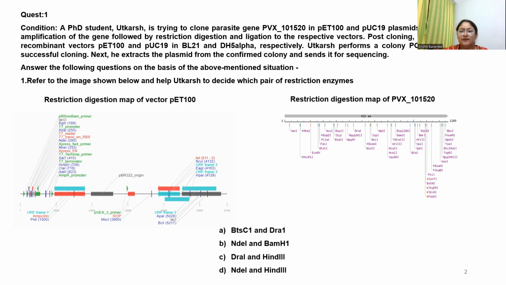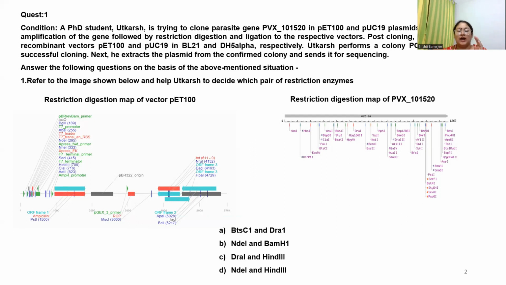So, in very brief, what is actually happening here? You have a gene, you have to clone it in a plasmid, and then transfer it to a bacteria. In between, you need to amplify it, based on primer-based amplification of the gene. Once you have the respective number of copies of the gene, you perform a restriction digestion on it.